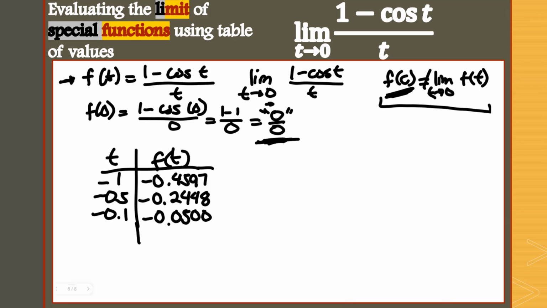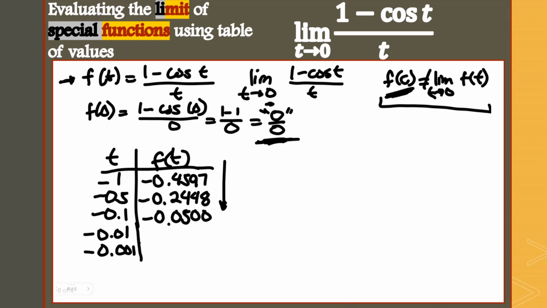Now we can see a trend already, but we are not yet sure where it would end. We're not saying it would just end up at negative 0.05. So let's try other values even smaller than negative 0.1, closer to 0. Let me try negative 0.01 and negative 0.001.